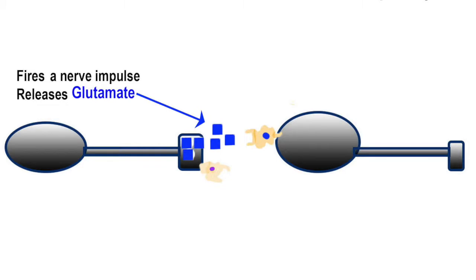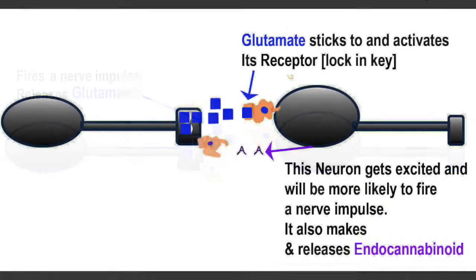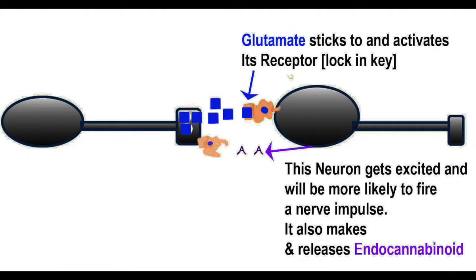The nerve cell on the left fires a nerve impulse and releases the chemical message glutamate into the space between the two nerve cells. Once released, glutamate binds to its receptor on the right-hand neuron, stimulating it to maybe fire its own nerve impulse. This neuron also makes and releases the endocannabinoid, in this case anandamide, and sends it backward.